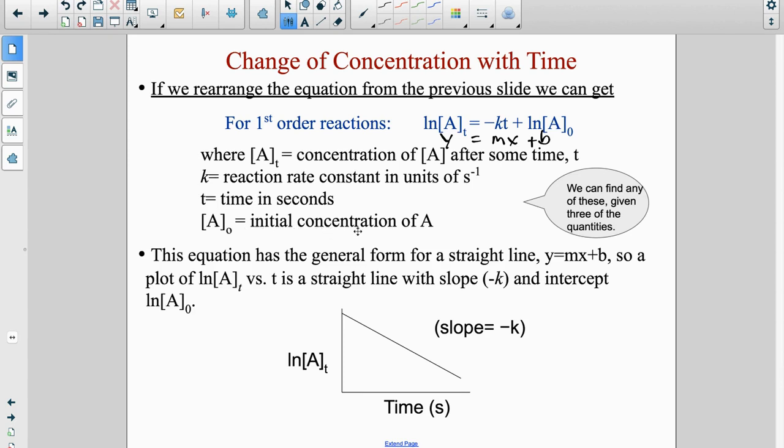A naught is the initial concentration of A. If we have any three of these quantities, we can find the fourth. If we plot y, the natural log of A at time t, versus time, which is x, we will get a straight line if the reaction is first order, and the slope of this line is minus k, the negative of the rate constant.